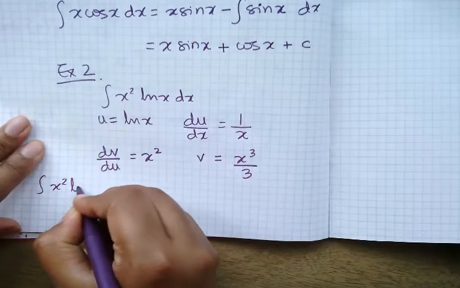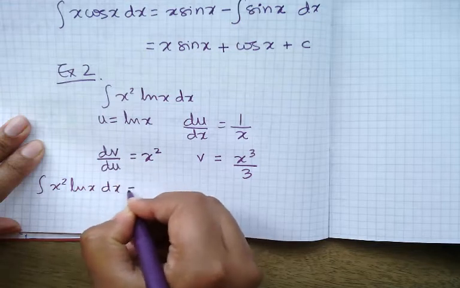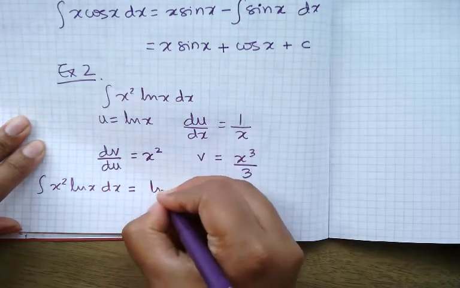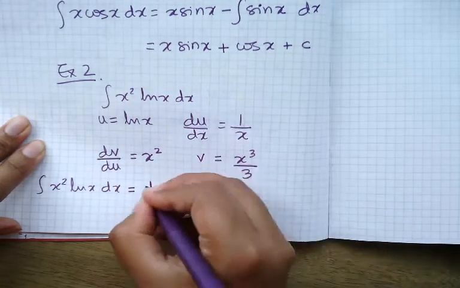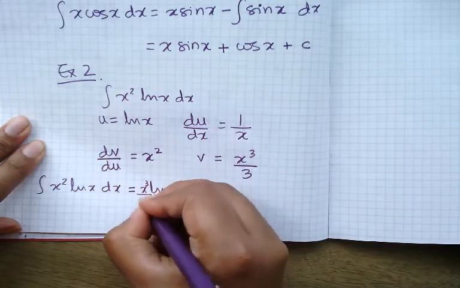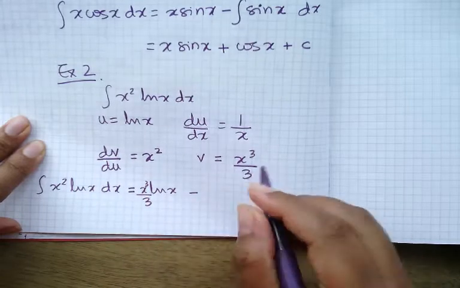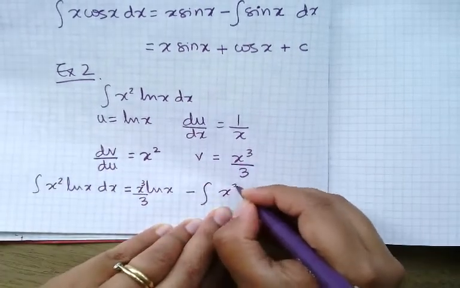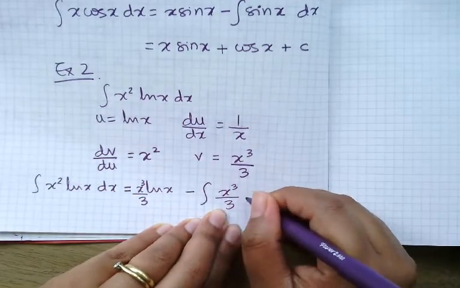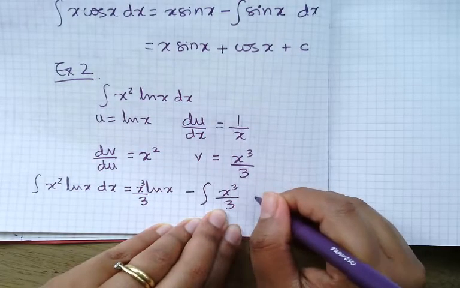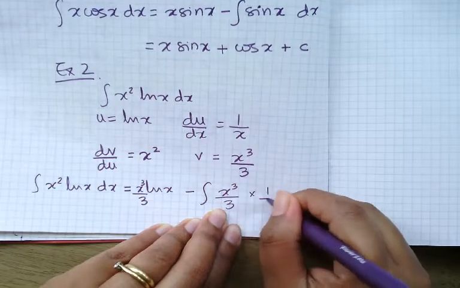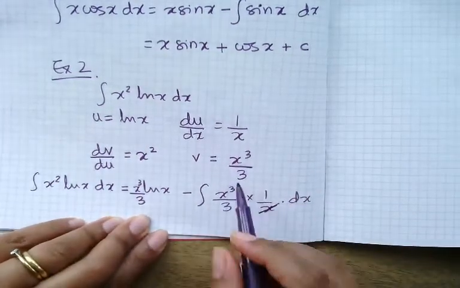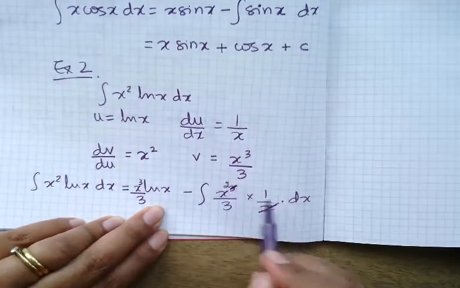So the integral of x squared ln x dx equals u times v, which is ln x times x cubed over 3, minus v times du by dx, which is 1 over x dx.